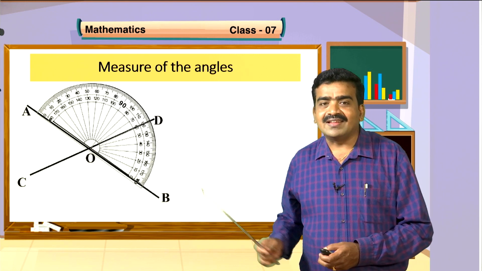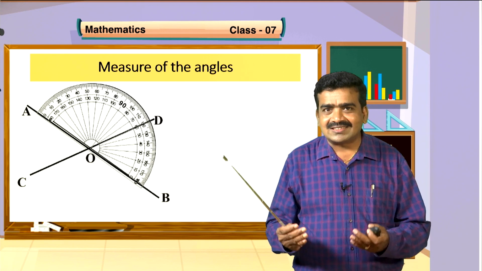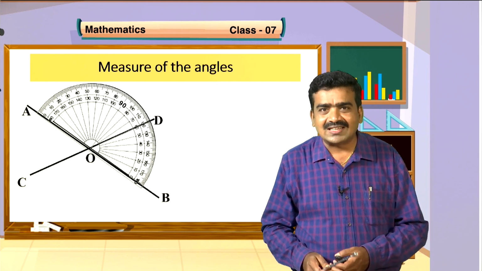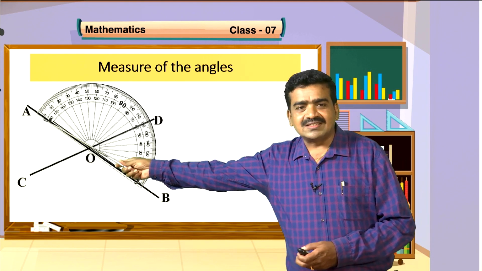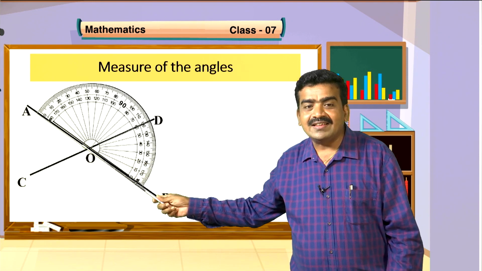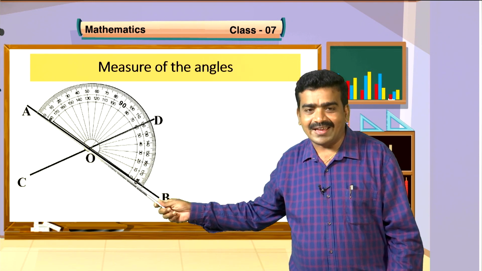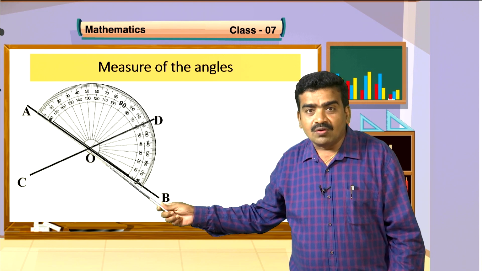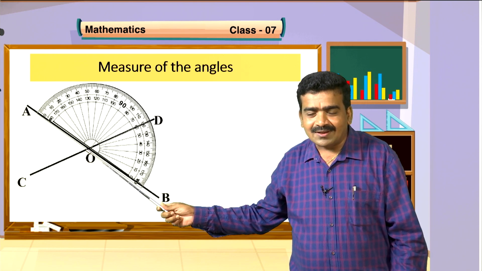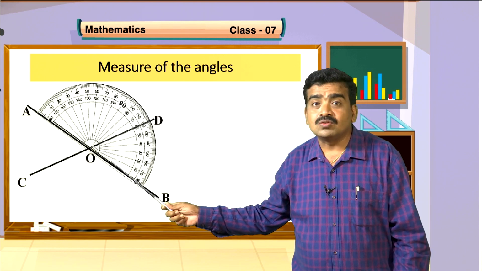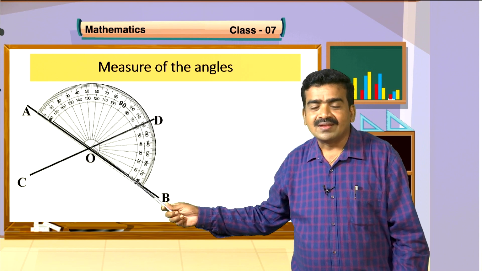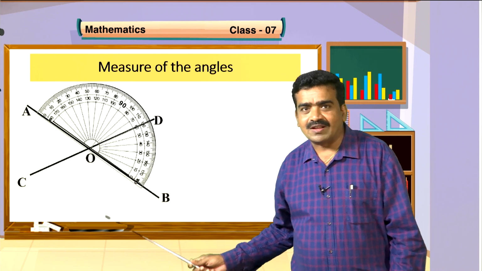Now, take the reading as per the direction I have given in the previous class. So, if you consider side AO or the line AO, at O you have placed the protractor towards the right of the line, then you have to take the reading from the left.